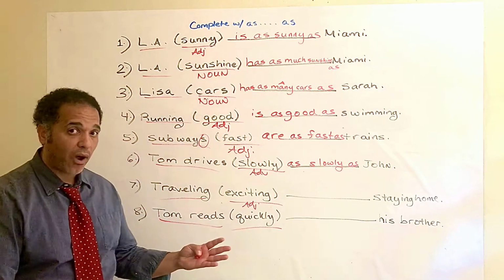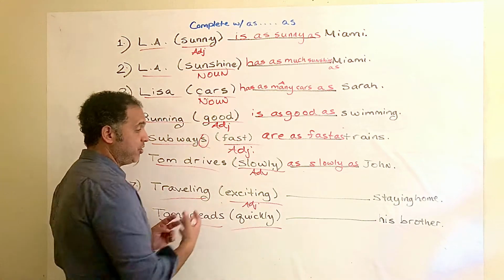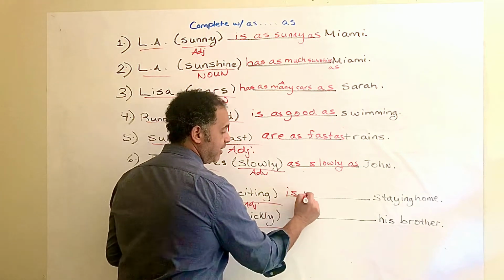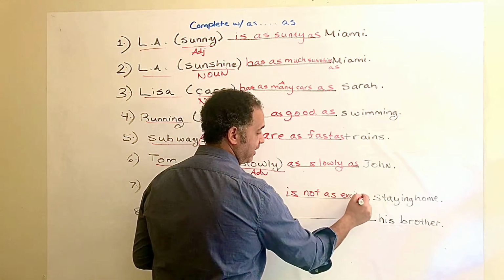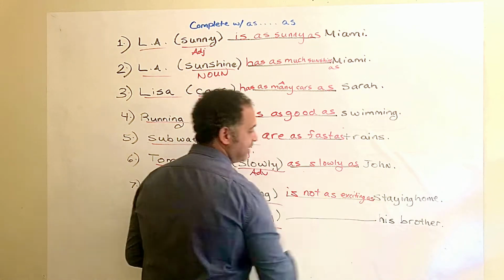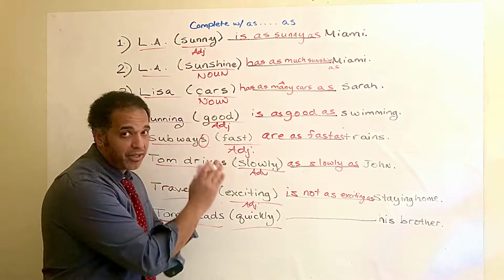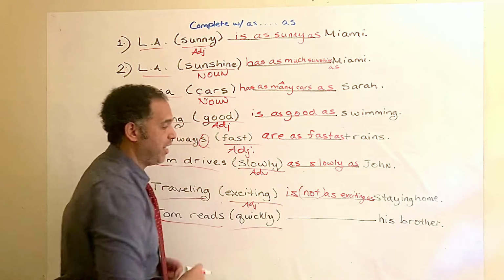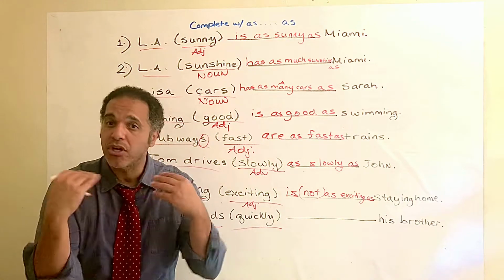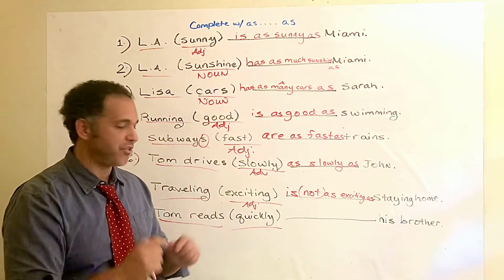So, this one, maybe you disagree with me at home, but I would say traveling is not as exciting as staying home, or actually what I should say is staying home is not as exciting as traveling. But it's up to you, okay? If you want to say that they are equal, you can. I'm just trying to show you guys at home what different answers you can put.